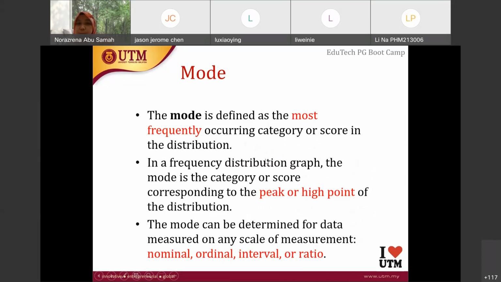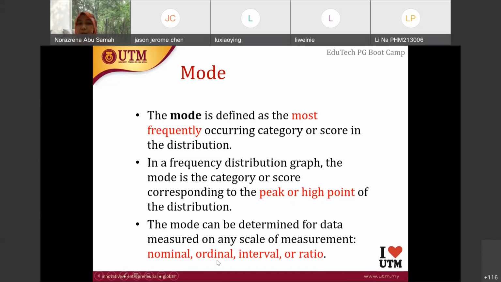In a frequency distribution graph, the mode is the category or score corresponding to the peak or high point of the distribution. The mode can be determined for data measured on any scale of measurement. Mode can be found in all data, because we just find the highest frequency, that's all.